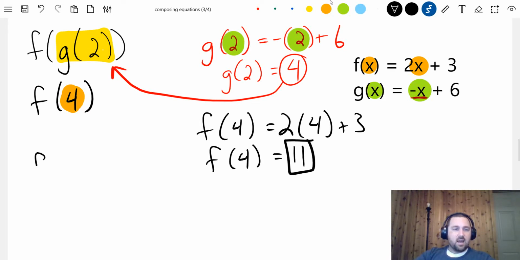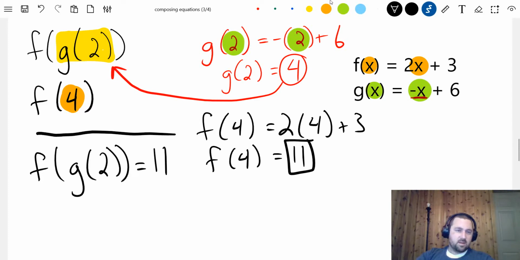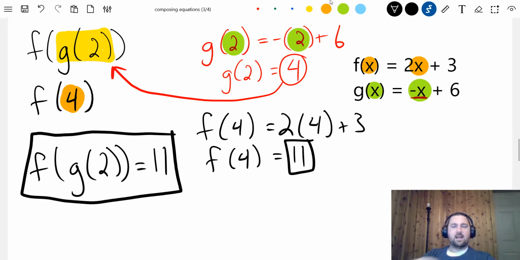We would say f of g of 2 is equal to 11. Notice we did a two-step process. We found the output of the inside function, and that became the new input for the outside function.